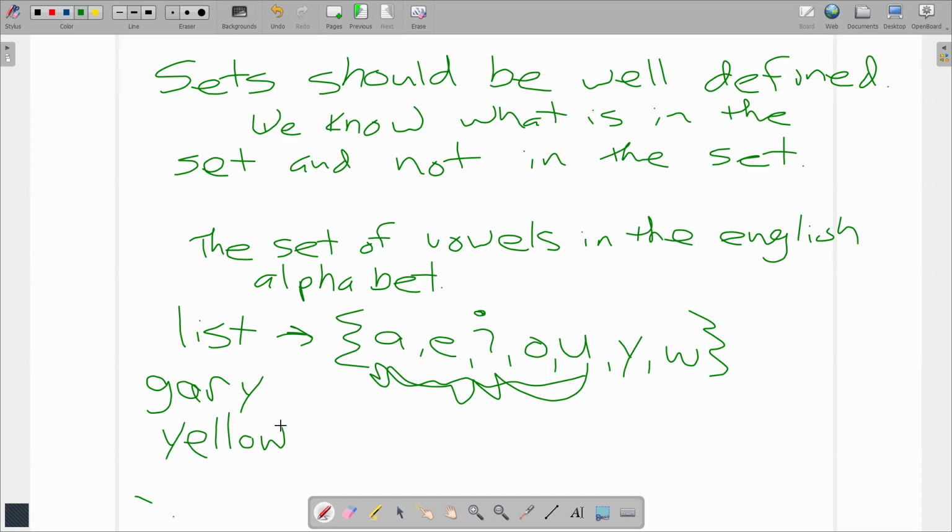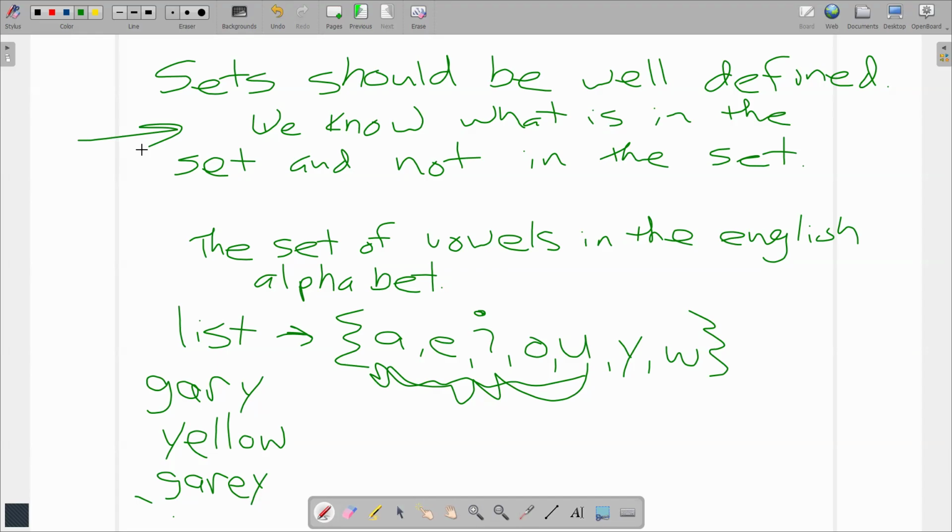So in that case, yellow is not, and then there's some people that spell Gary with an EY. And then the question there is, well, what's making the E sound in Gary there? Is it E or the Y or both? So sometimes things are complicated, is my point there. Depending on our experience, sometimes it can be hard to agree on what's in the set and what's not in the set.